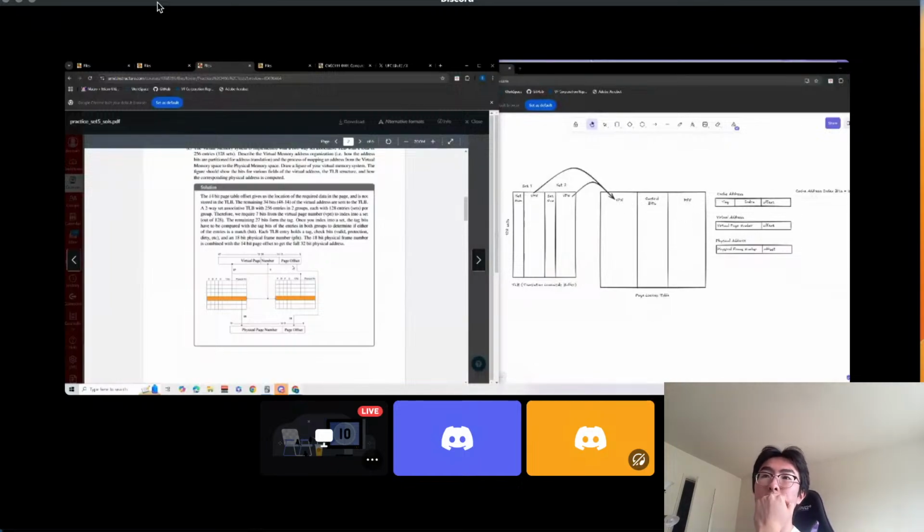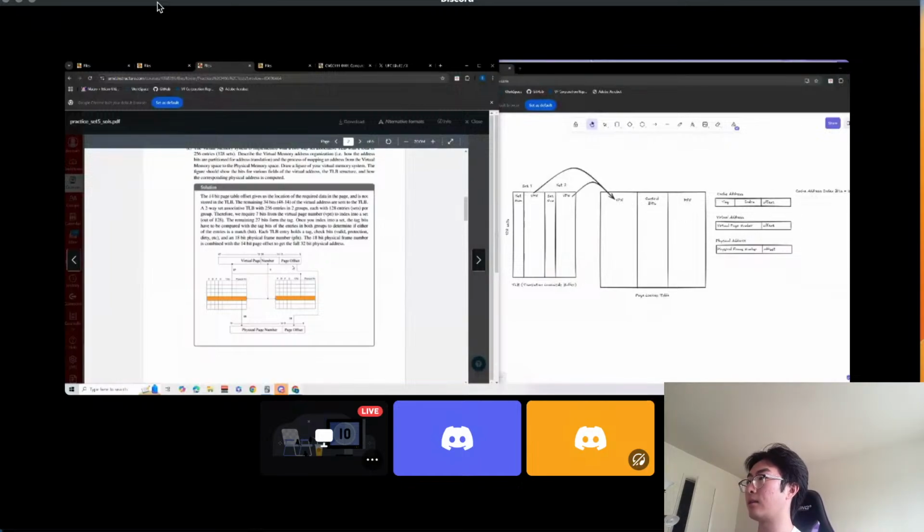The question is, okay, so physical address, this is 32 bits, which is given in the problem.